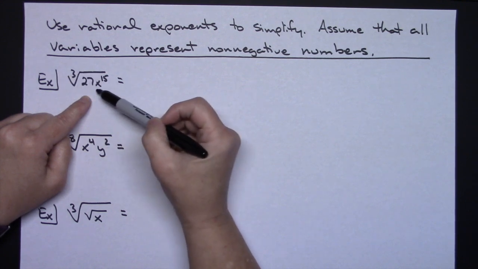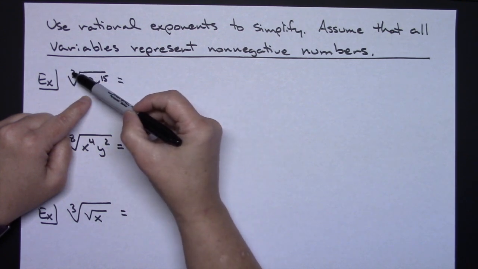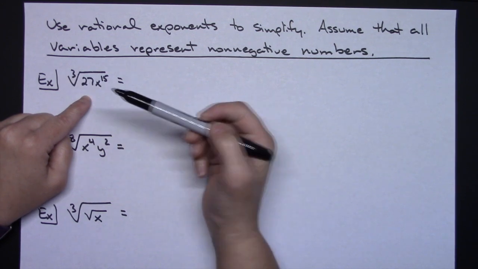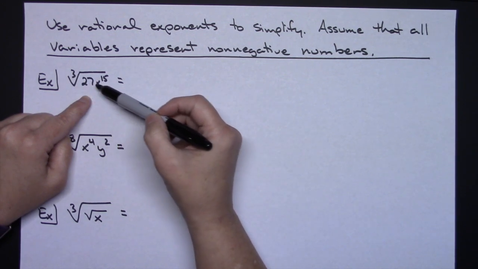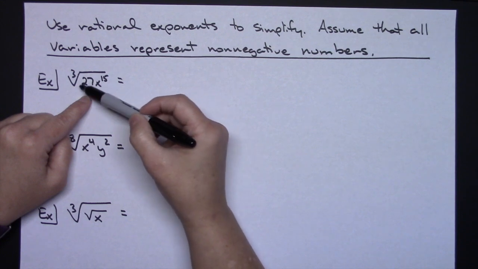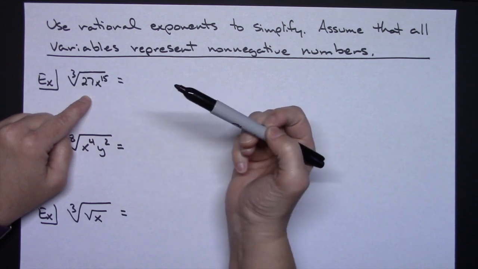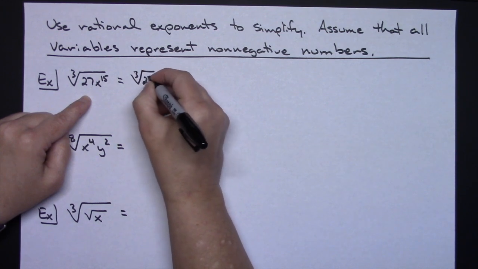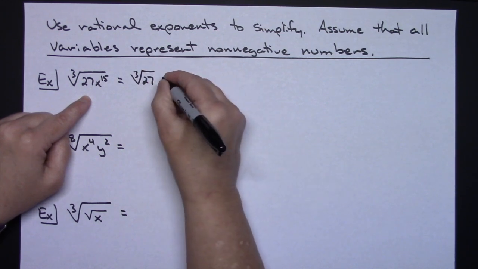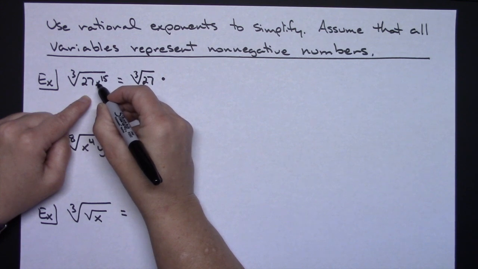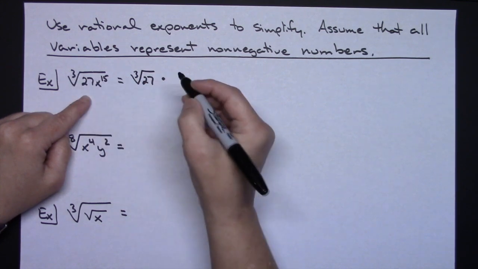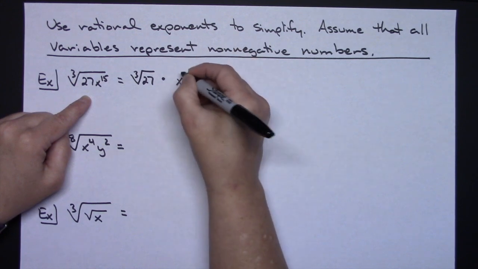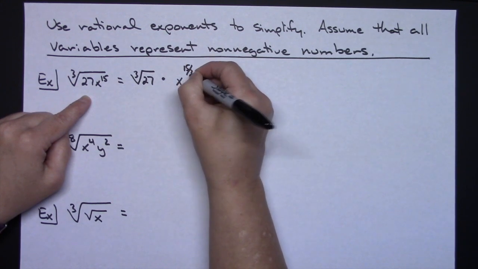Now, I'm going to look at this very carefully before I start. The cube root of 27. Well, the cube root of 27 is 3, so I'm definitely going to want to separate these into two separate things, because my 27 is being multiplied by that x to the 15th. So I do the cube root of 27 and answer that out, and then on this x to the 15th, the cube root of it, I rewrite that as a fraction exponent, so x to the 15 over 3.